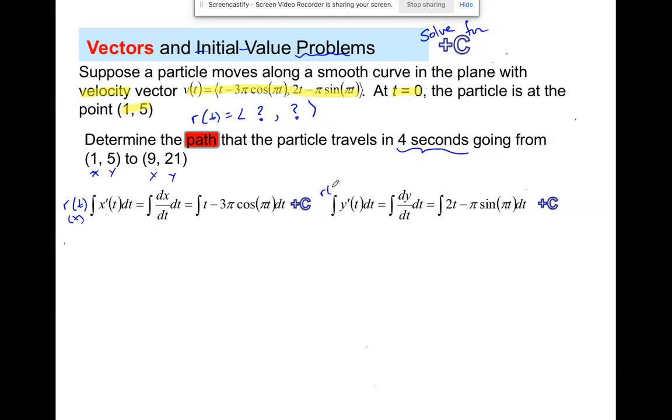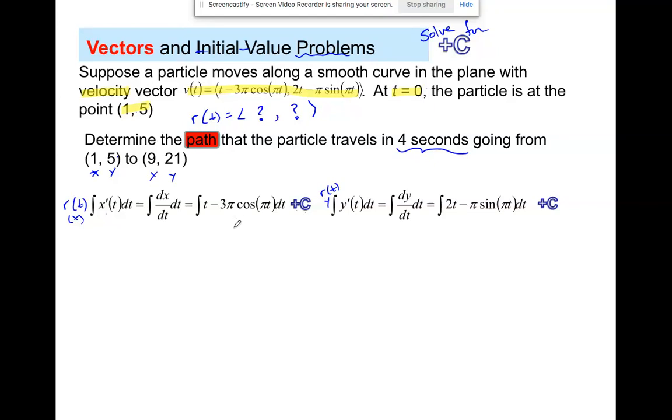This is r of t in the y direction. Two integrals. But don't forget, I need to know the plus c. I know where I am at time equals 0. So you'd think, shouldn't I just add 9 and add 21? No, no, no. Now I have a calculator, so I am going to math 9 this.